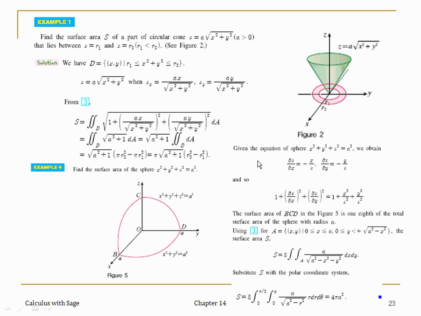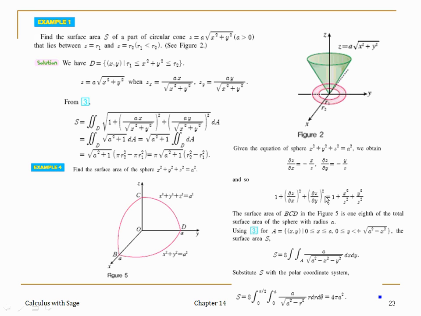And then we figure out this sphere is in this area. If we think of this in polar coordinates, then the radius goes from 0 to a, and the angle goes from 0 to pi over 2. So it is better to use polar coordinates for the double integral.